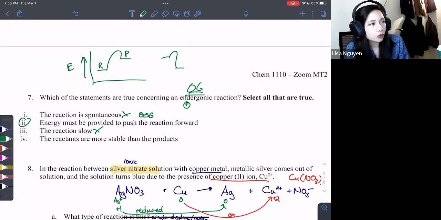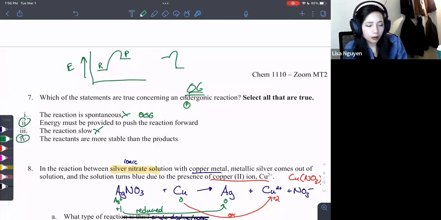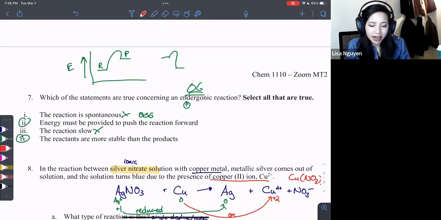And then the last one is the reactants are more stable than the products. If we look at this graph, for an exergonic reaction, that is true. Reactants are more stable, lower in energy than the products, so it would be that one. On your own, if we changed this to exergonic, go through the same things and see which ones would be correct.